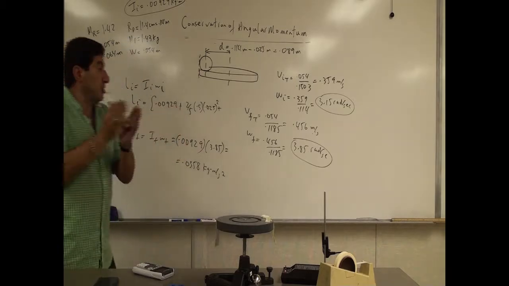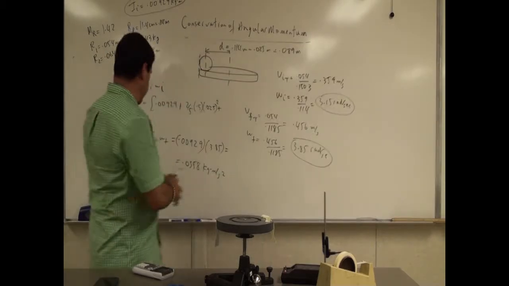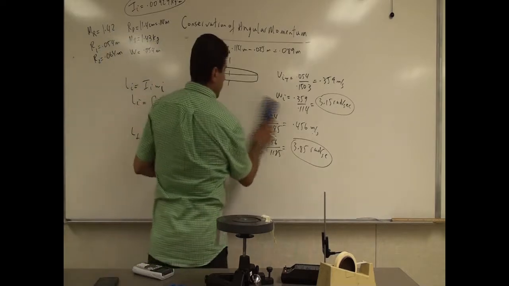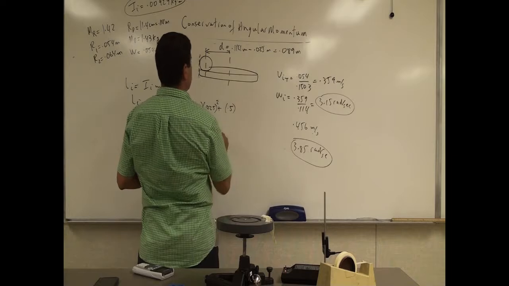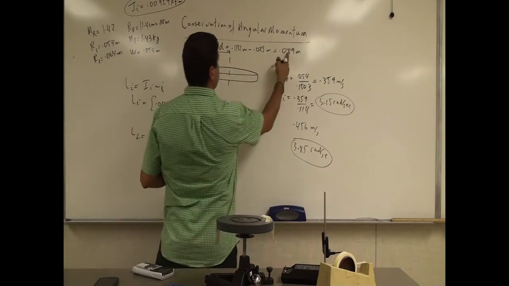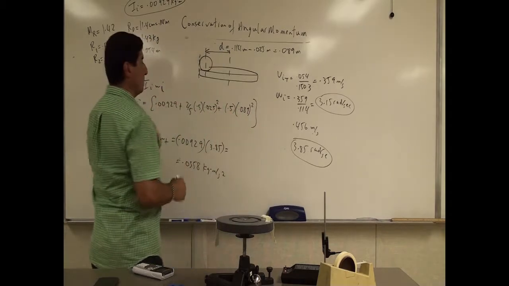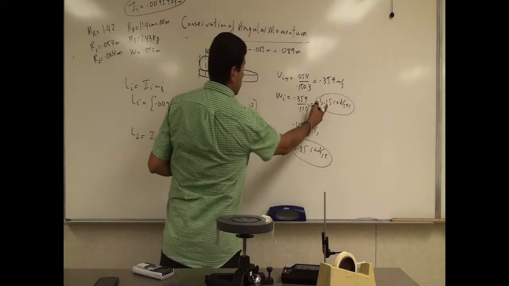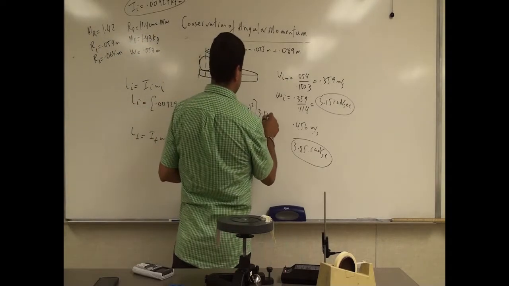Plus, then you shift the moment of inertia of the sphere from here to here using the parallel axis theorem. So you say the mass of the sphere, 0.5 kilogram, times the shift amount, which is 0.089 squared, and you multiply that by the initial angular velocity, 3.15.